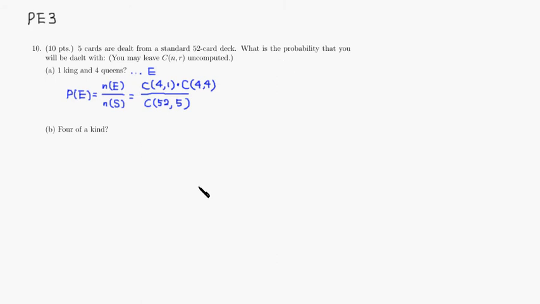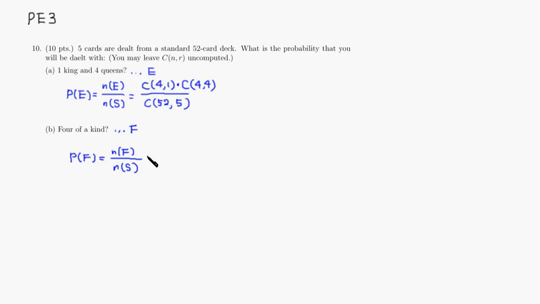About part B, it's a 4 of a kind, so I'm going to call this event F. Let's find the probability of F. By definition, as before, this is the number of hands to get a 4 of a kind over the number of all possible poker hands.